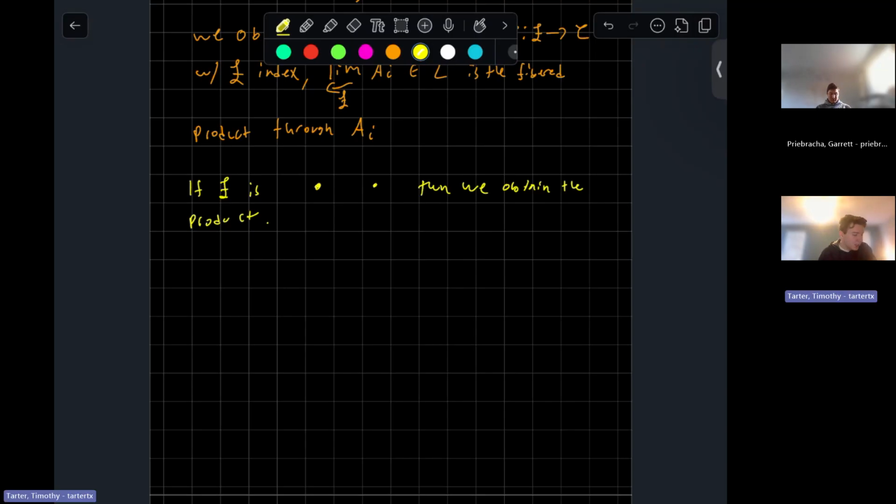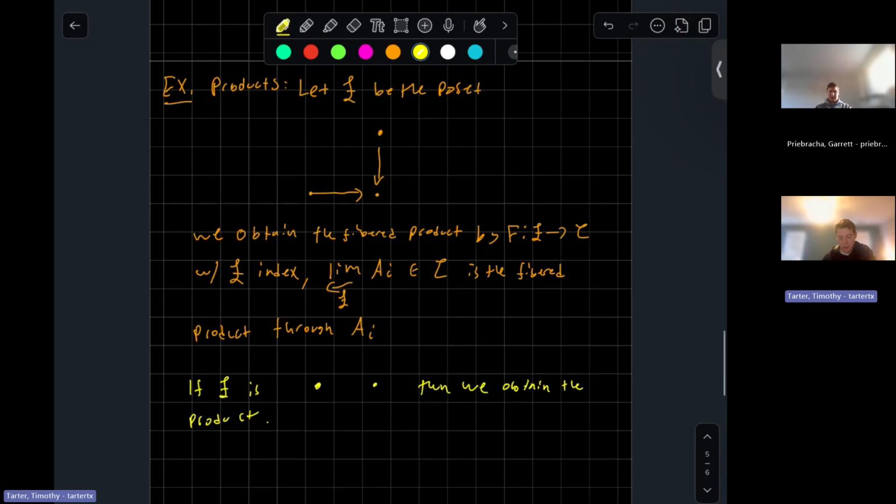Okay. So a limit is really, with all of this notation, I want to add that a limit is really just a way of generalizing things like products, equalizers, and pullbacks. When we're talking about the inverse limit of something indexed by this poset, we get the fibered product. If we just have the two things, then we get the product.